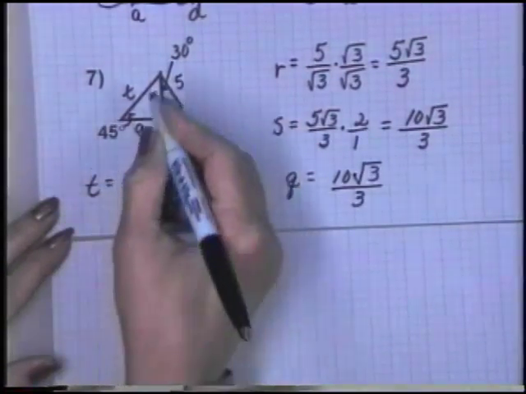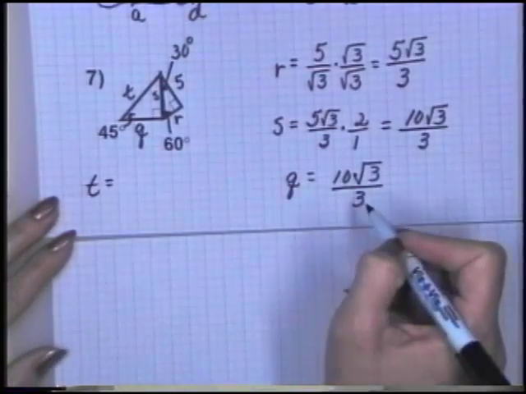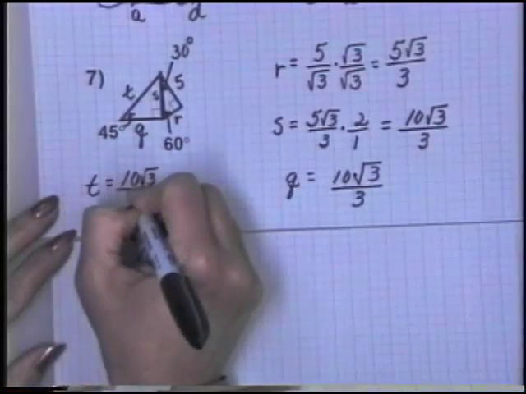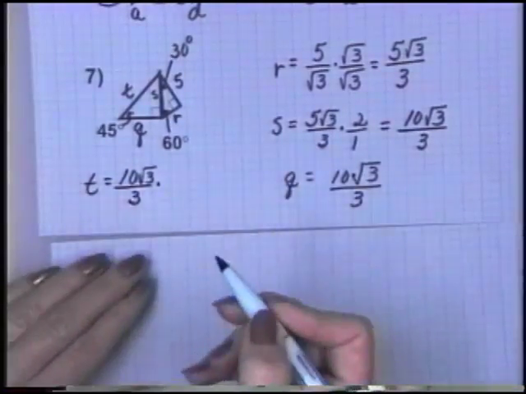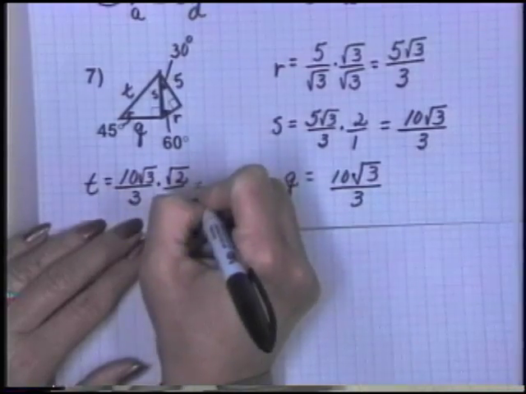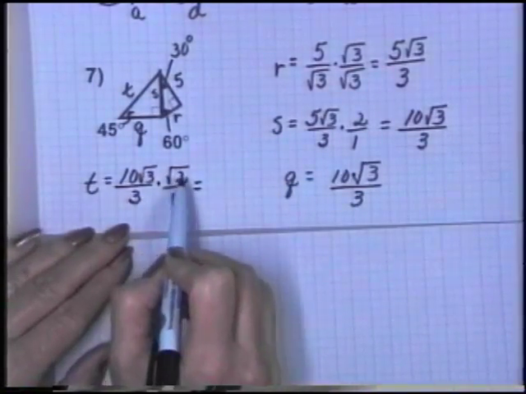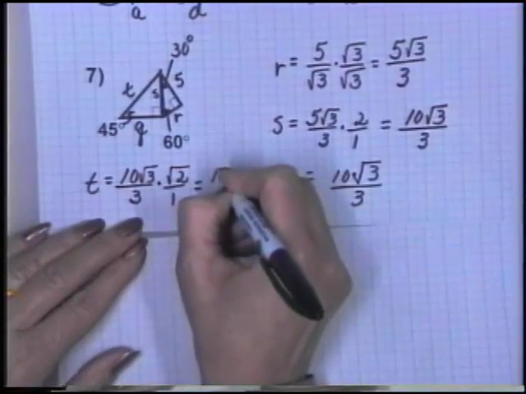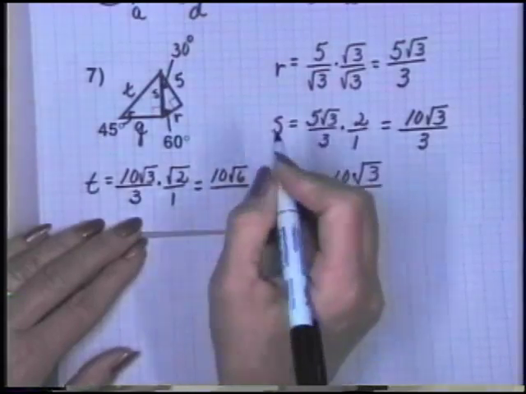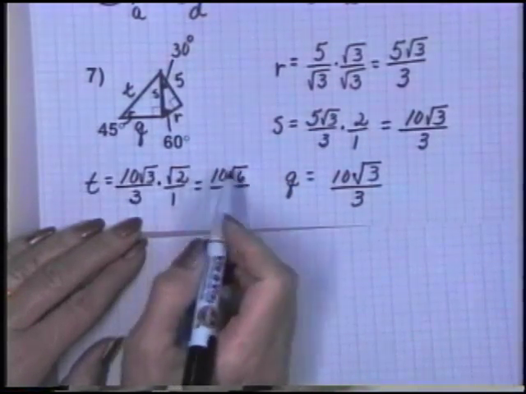T is the hypotenuse, isn't it? And how do we find the hypotenuse when we know one of the legs in a 45, 45, 90? We take the leg and we multiply by the square root of 2. So when we have 10 times the square root of 3 times the square root of 2, that equals 10 times the square root of 6, we know we multiply the radicands.